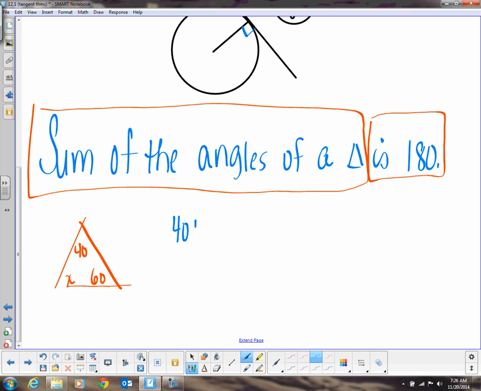Add 40 plus 60 plus x. Let's add all three and set them equal to what? 180. So you're going to have 100 plus x equals 180. x is equal to what? 80. Okay? This is prerequisite knowledge that you're going to be using on this section.